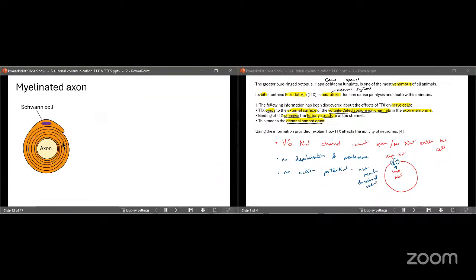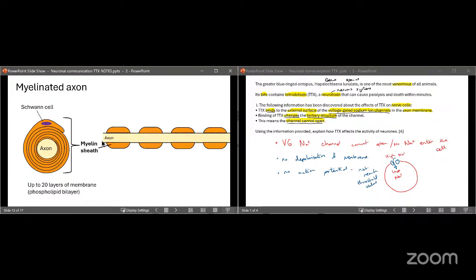So if we've got a myelinated neuron, that's where we've got up to 20 layers of the membrane, those phospholipid bilayers wrapped around that axon membrane. That therefore means that the only places where an action potential can occur, and only place where the depolarization of the membrane occurs, is at the nodes of Ranvier.